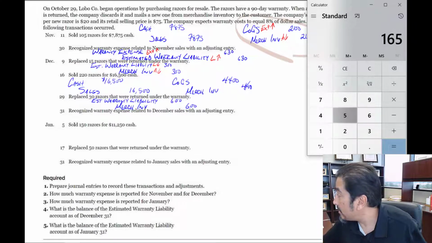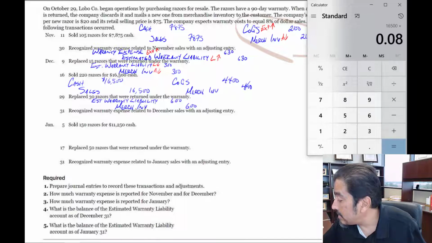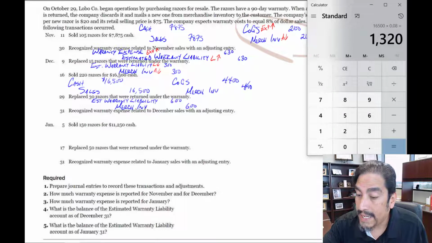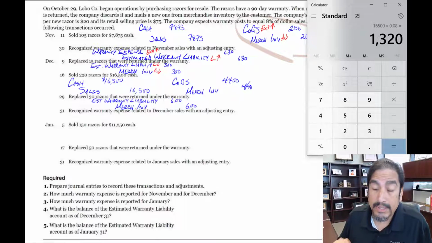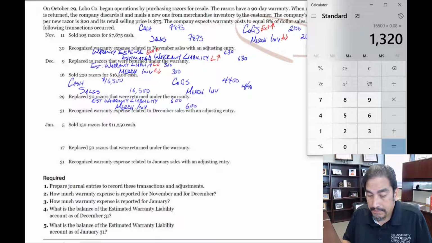So 16,500 times 0.08, 8%. So 1320. 1320 is our adjusting journal entry. We're writing it at the end of the month. We're doing these adjusting journal entries here in this problem at the end of every month. 1320 is what we're going to expense to warranty expense for the month of December.